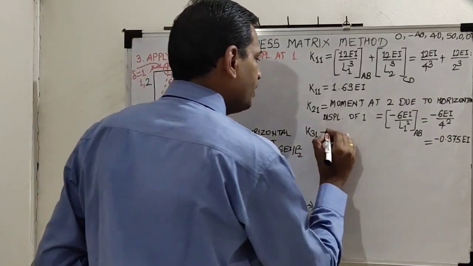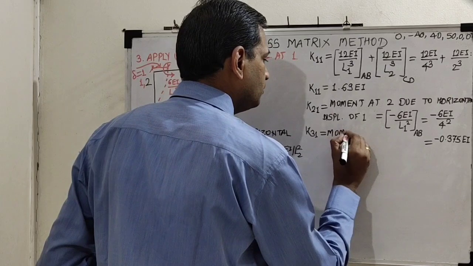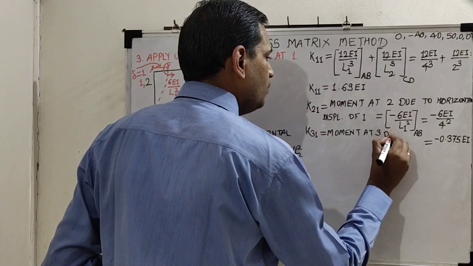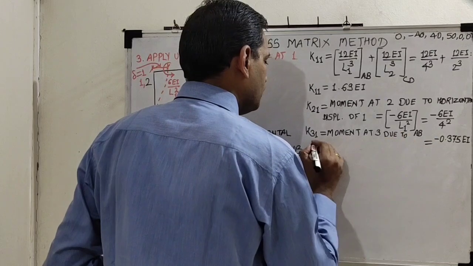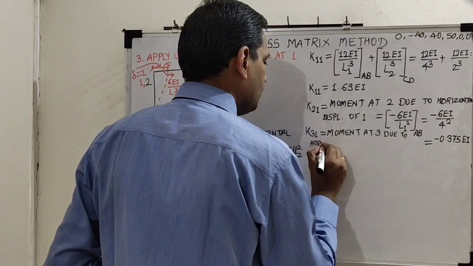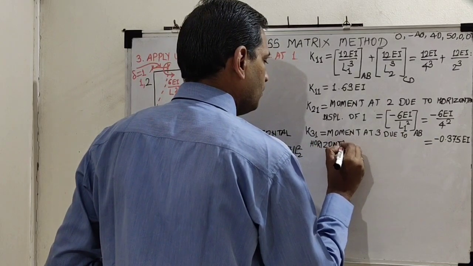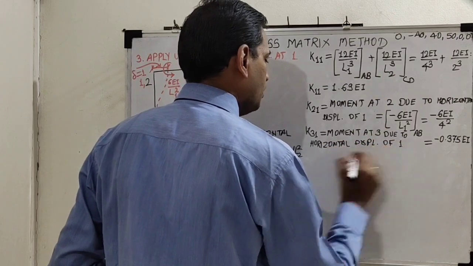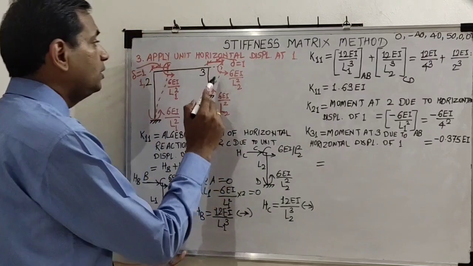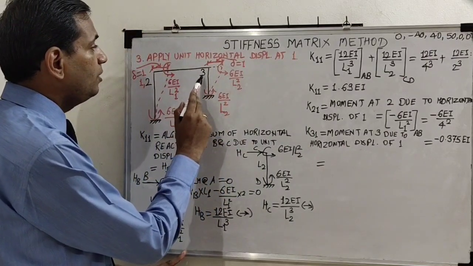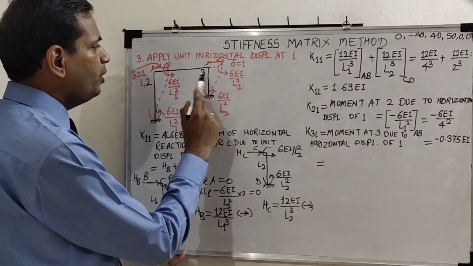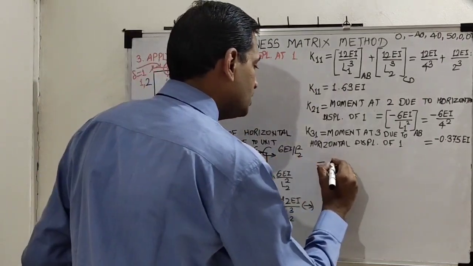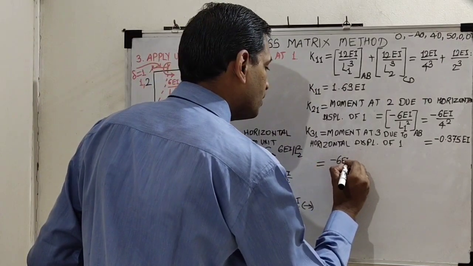Now K31. K31 is the moment at 3 due to horizontal displacement of 1. How much is that? Again go for location 3. 3 is rotation, so corresponding to rotation we will have to go for moment. So minus 6EI upon L2 square.